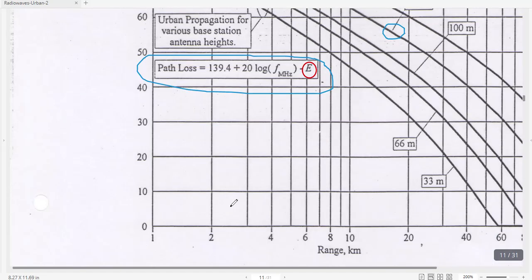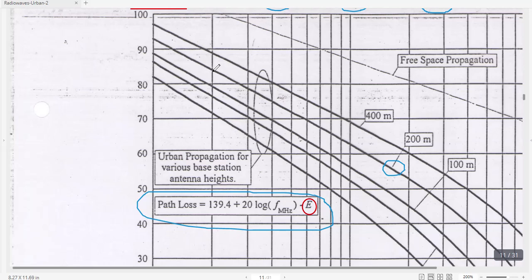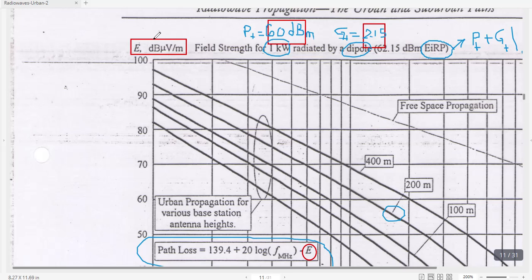So we take 1 kilometer. For the 200 meter curve, it is around 93 or 94 dB microvolt per meter electric field.